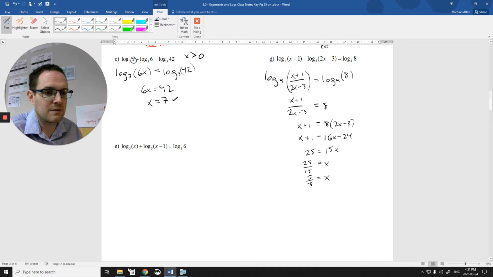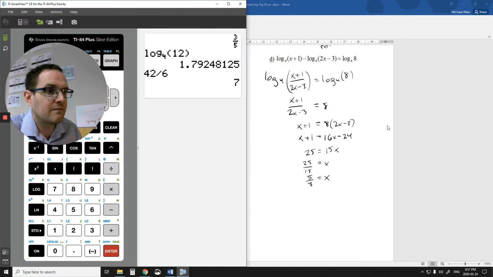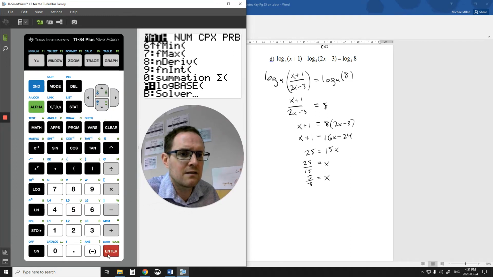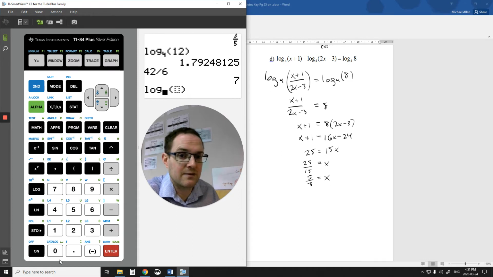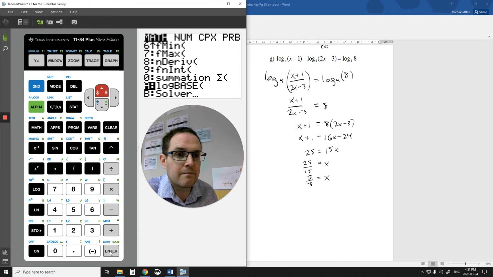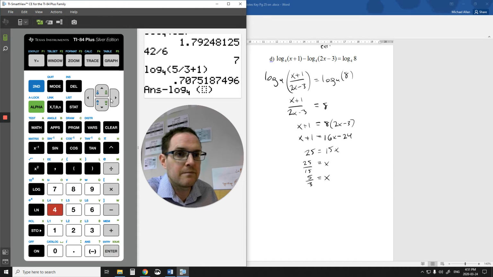So just double check to see if that's going to work for us. 5 over 3. So is this an extraneous solution? So I want log base 4. Now to check for extraneous solutions, it doesn't matter if it's log base 4, but I just want to see if it ends up being the same thing. Log base 4 is good for just checking the solution. So here I'm adding 1, so that's going to work just fine. Then I'm going to minus the other log, base 4 as well.